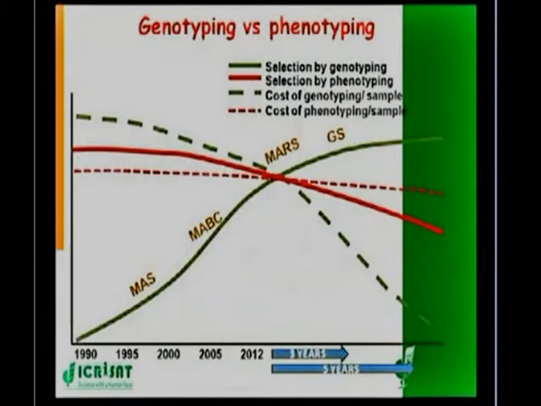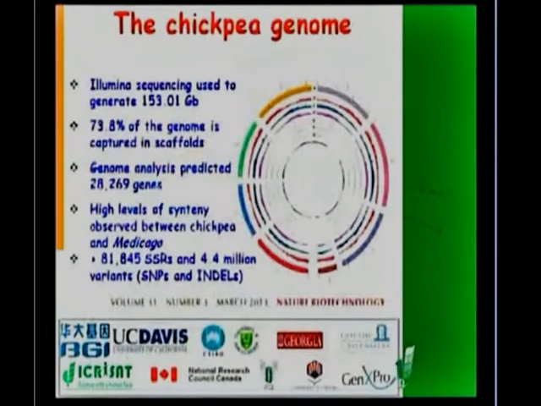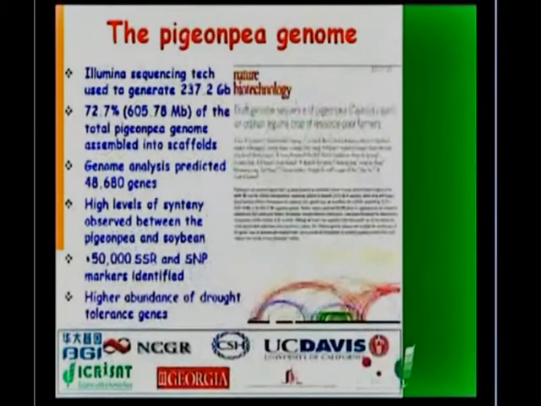But again, we need to have the platform. In this context, partnership is another important thing, where ICRISAT and GCP work very closely with several partners. Recently we sequenced the chickpea genome, and this work was the product of 23 organizations from 10 different countries, funded by several organizations. We have done the same with the pigeonpea genome.